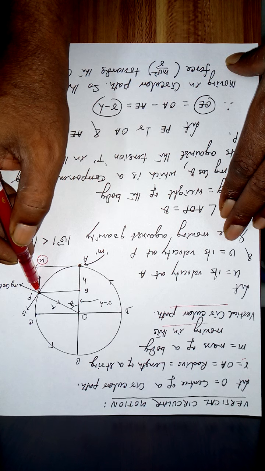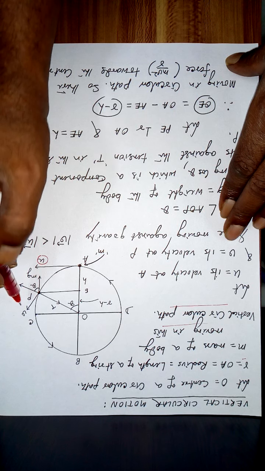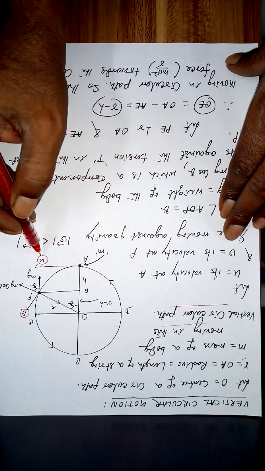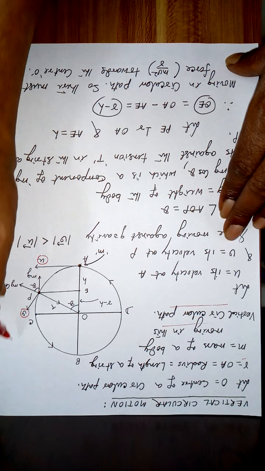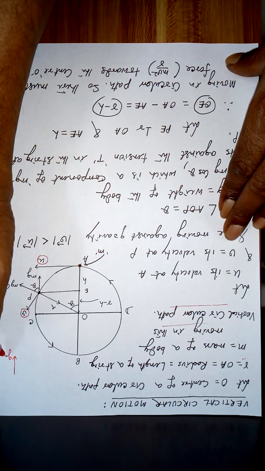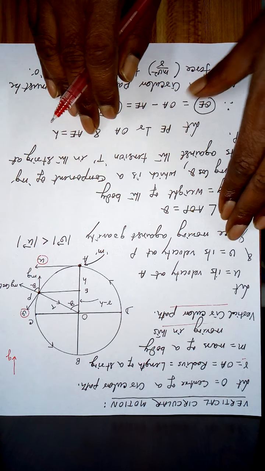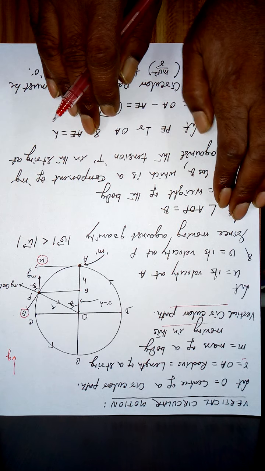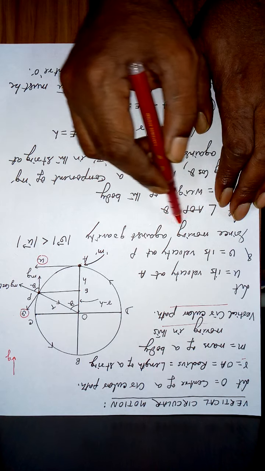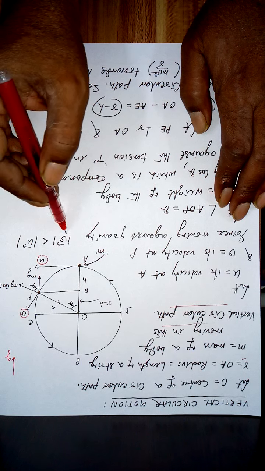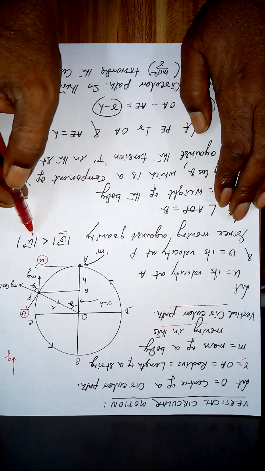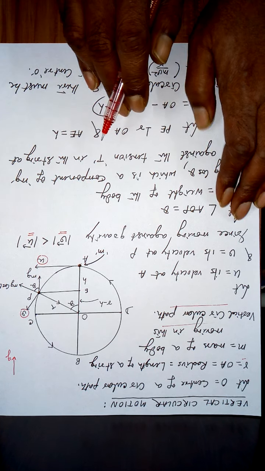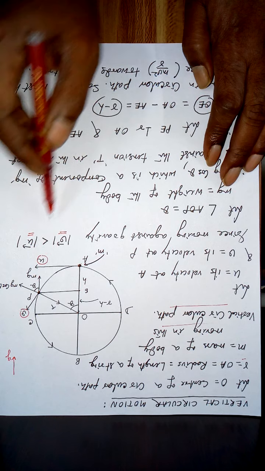I consider a point P. Let the velocity v be here. Now this v will be less than u because acceleration due to gravity is this way. So this u will gradually decrease. Since the body is moving against gravity, the magnitude of v will be less than the magnitude of u.